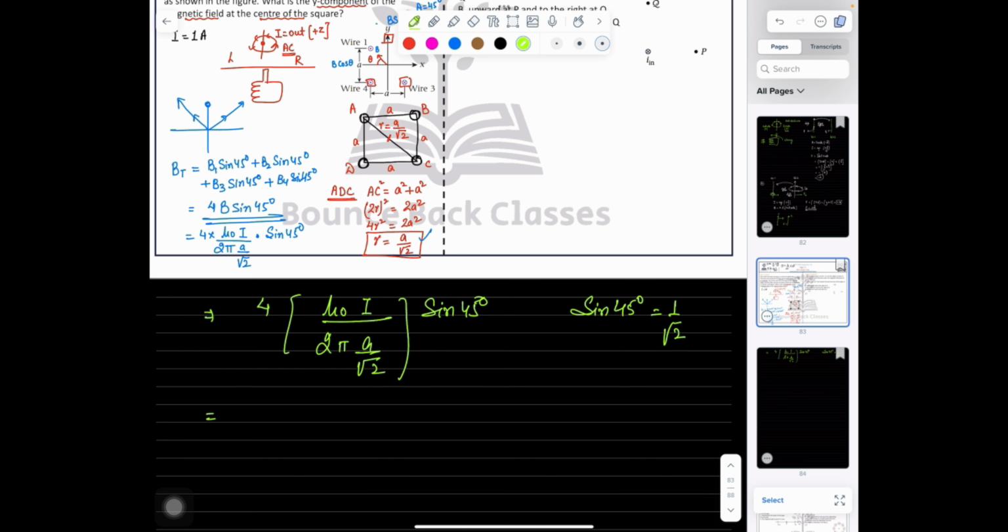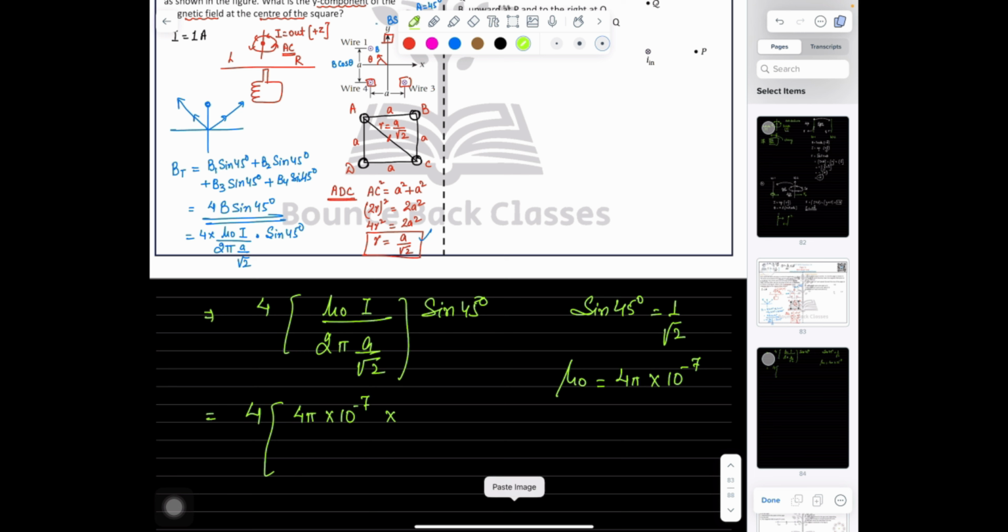Place all the values here. 4. What is the value of mu naught? Mu naught is equal to 4 pi times 10 raised to the power negative 7. So 4 pi times 10 raised to the power negative 7 multiplied by current, which is given as 1, divided by 2 pi. Pi and pi cancel.